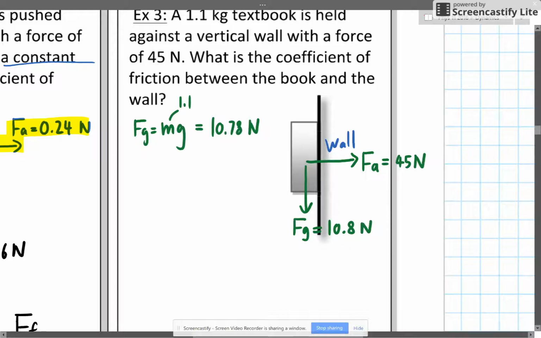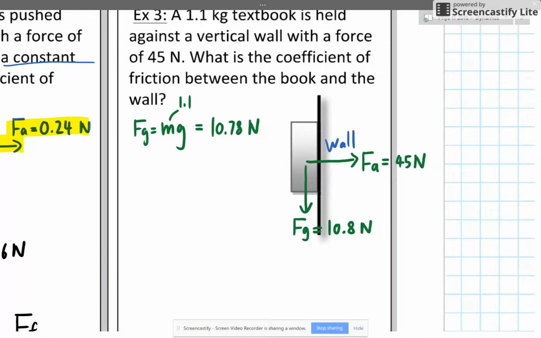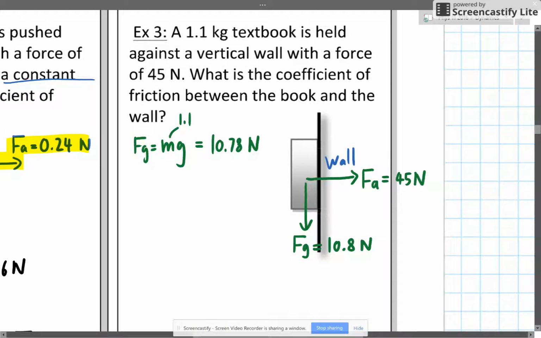Now, if you look at this diagram and use what we have learned about free body diagrams in the past few days, you say there's no way this system is stable. I mean, who is fighting gravity? If no one is fighting gravity, then why is the book staying on the wall?